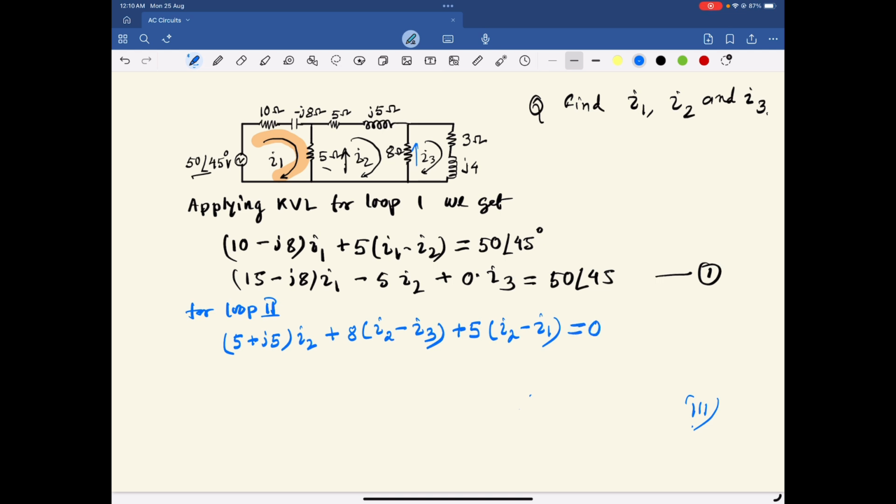So I can write minus 5 I1 plus, this is 8I2, 5I2 and 5I2.